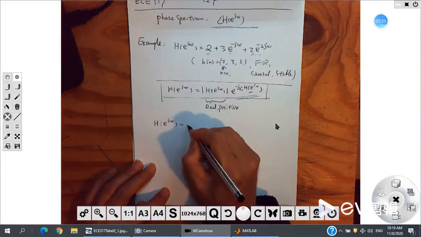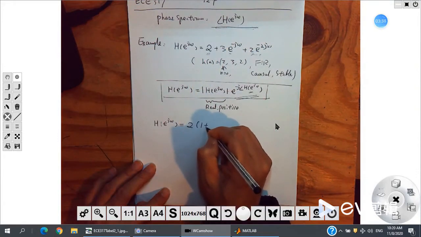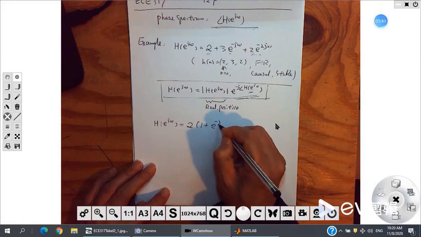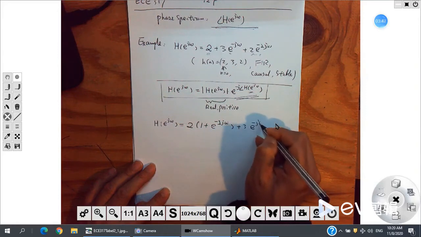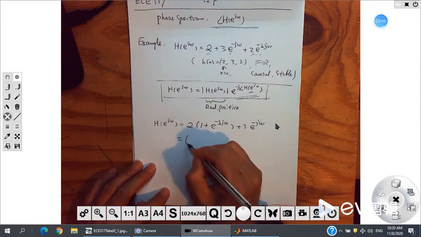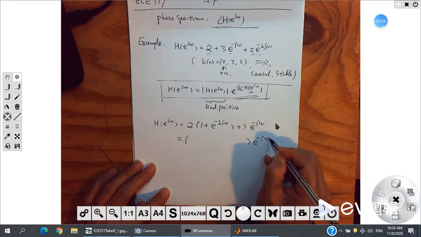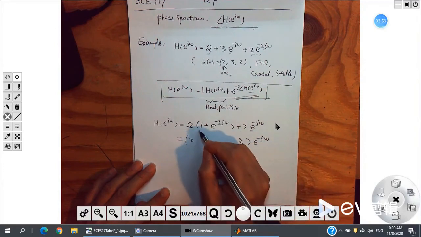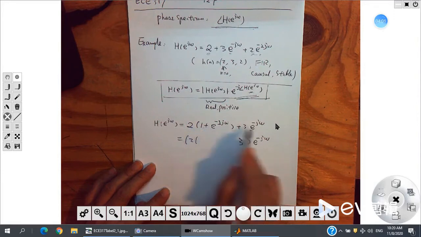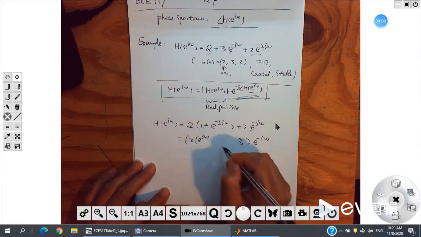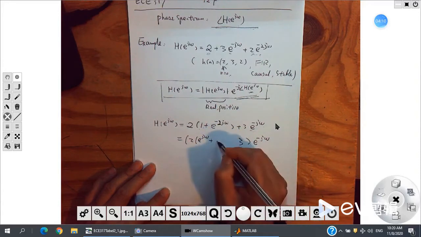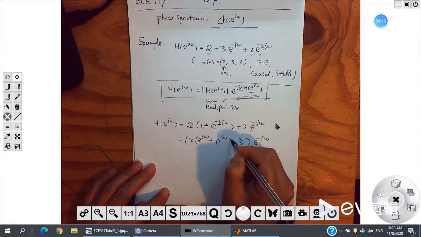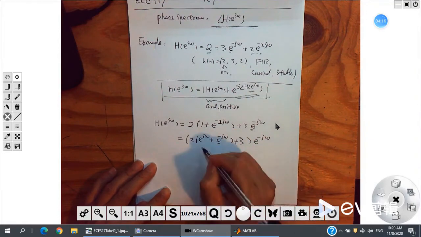We have 2 times (1 plus e^(2jω)) plus 3e^(-jω). I move out e^(-jω), and here is the 3, here is a 2 of the e^(jω) and the 2 of e^(-jω). I remove one outside, so I have another one. Right, this way.